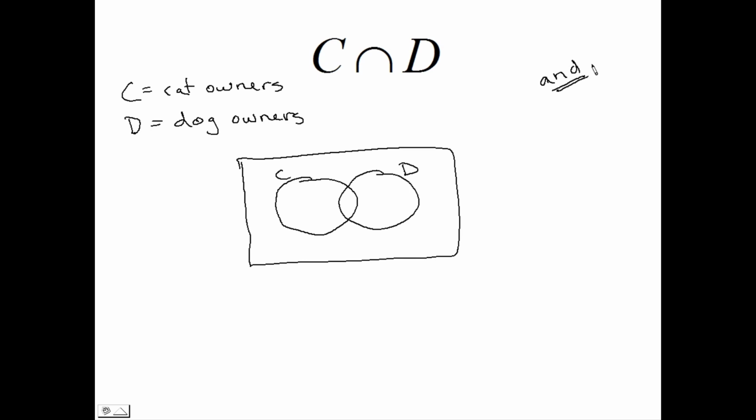It's got to be in both of them. So where will that be? Well, this is the area that's in both, right? What does that mean? That's going to mean people who own a cat and also a dog. They are both a cat owner and a dog owner.